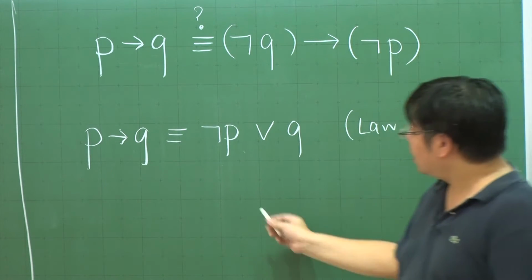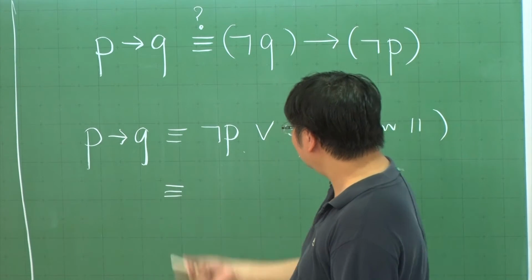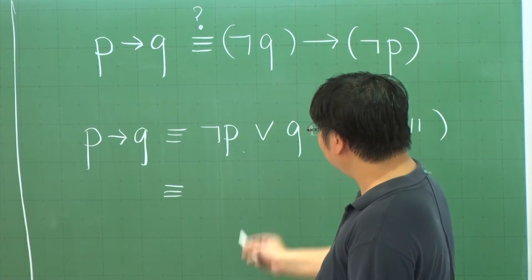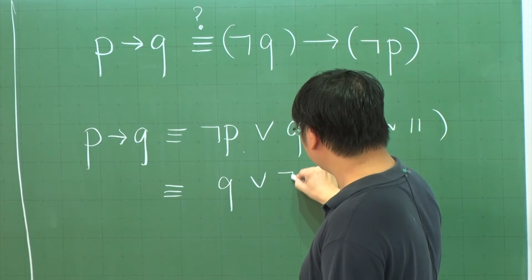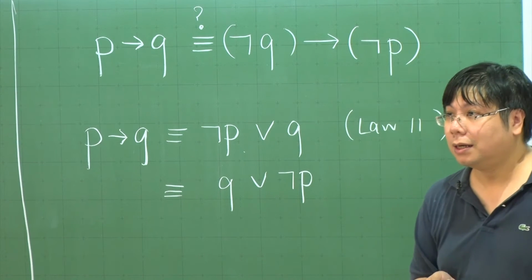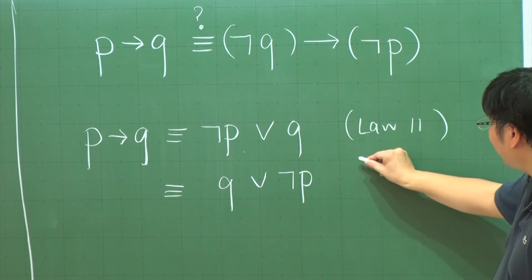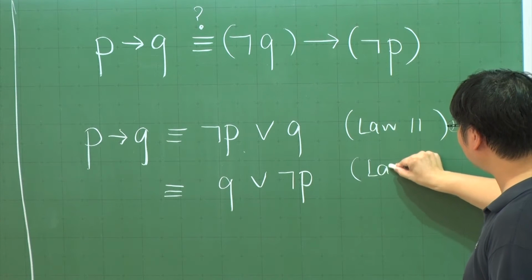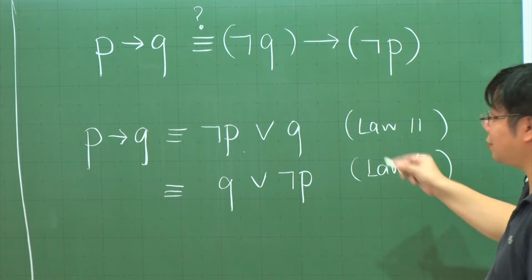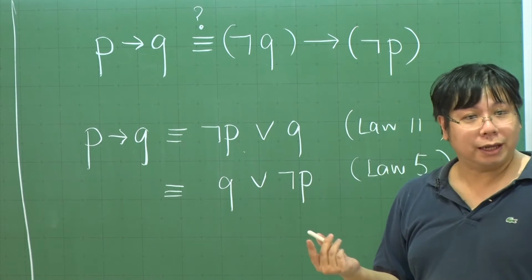And then this one is equal to Q or not P, by the commutative law, law 5. I should exchange the order. It is the same. Is that okay?